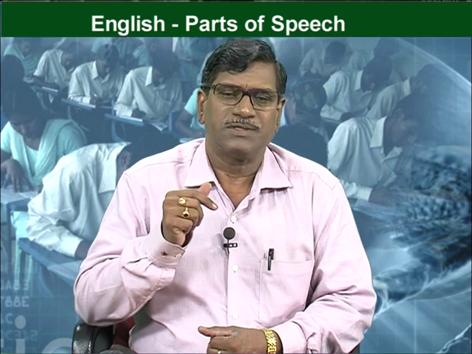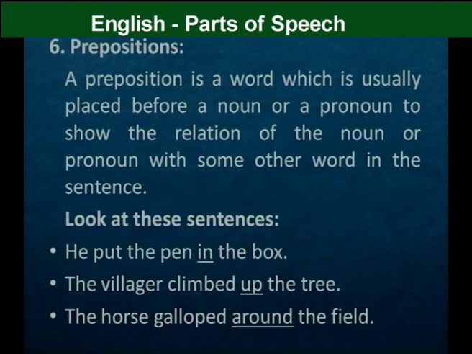Let us see some examples. See the sentences. He put the pen in the box. In is a preposition, in the box. So, what is in the box? The pen. In is put before the noun box, and it establishes its relationship with some other word in the sentence.